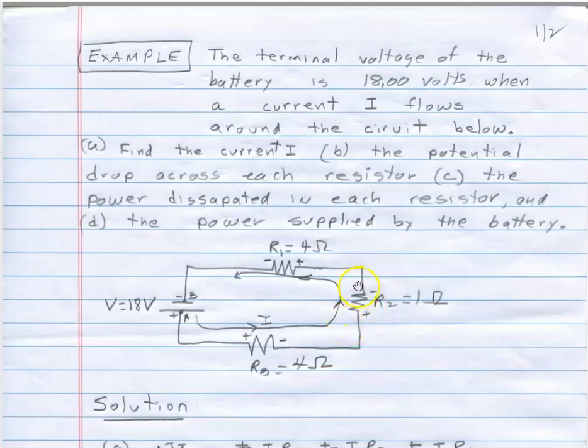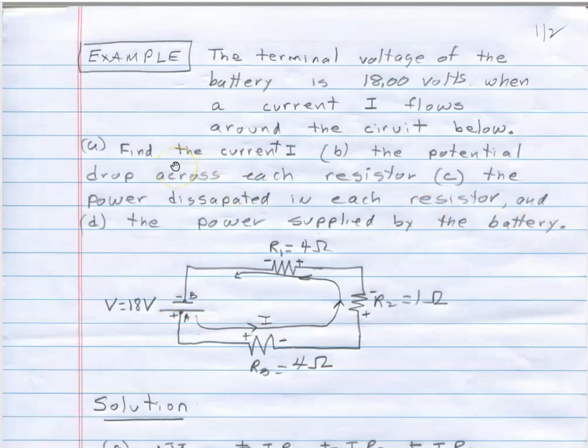The same current flows here, high side to low side, and through here, the same current I flows from high to low. So I can mark the polarity of each element. The long bar is always the positive, high potential terminal, and the short bar is always the negative. So we've got this picture.